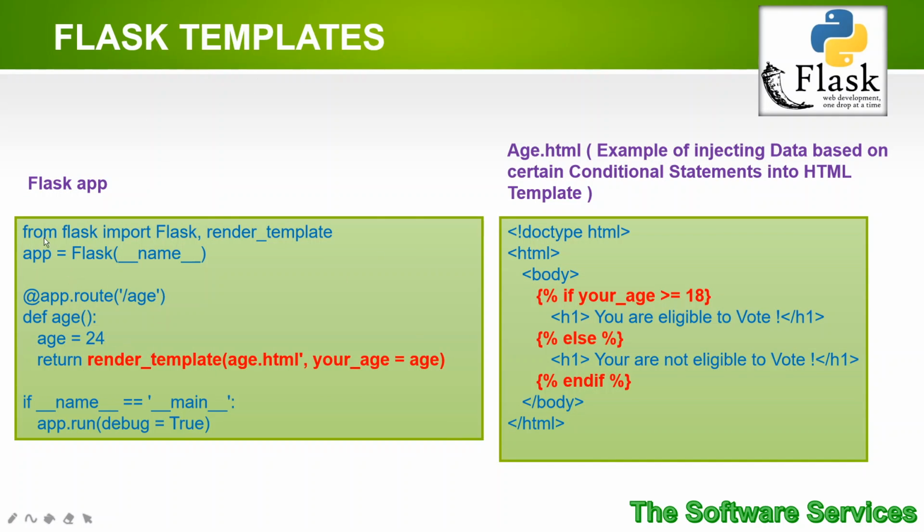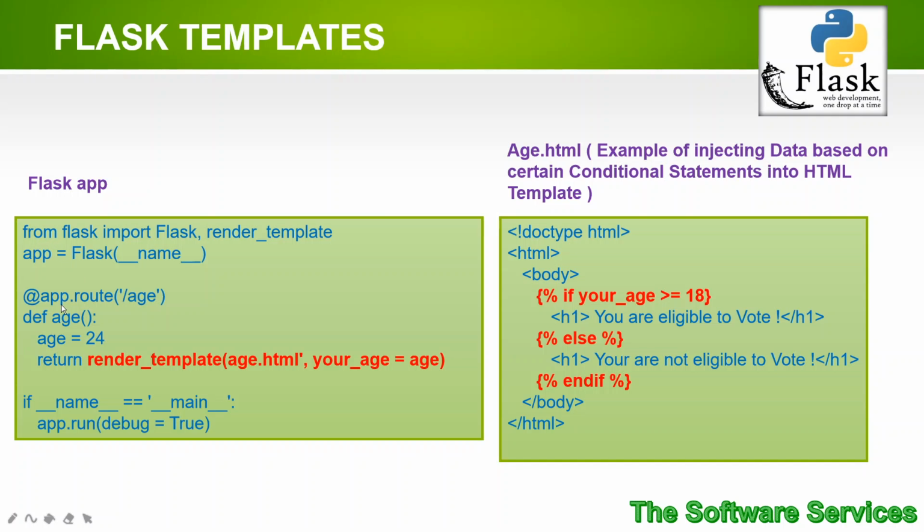So if you want to render a template based on some conditions, then we will go for this type of syntax, friends, right? Let me explain this code first, then we will go for practical sessions.